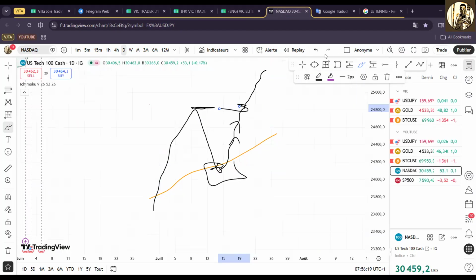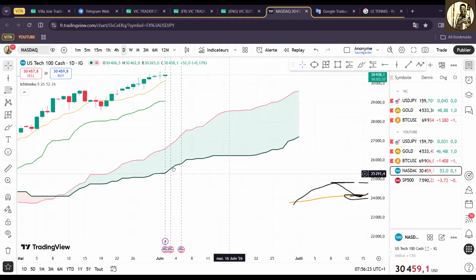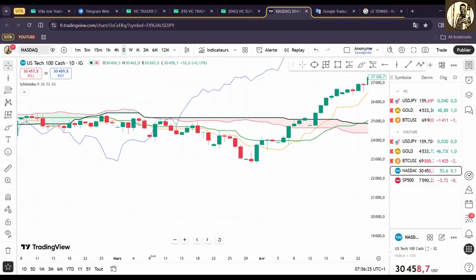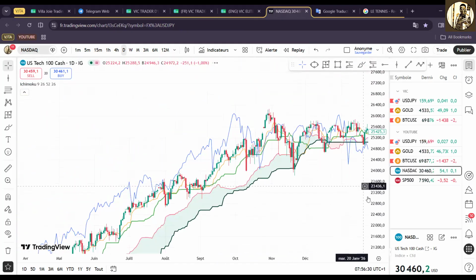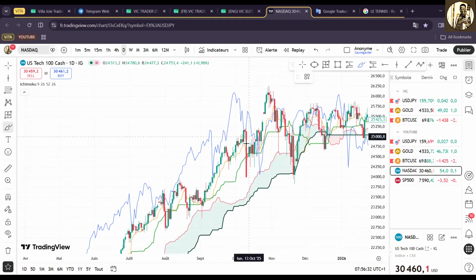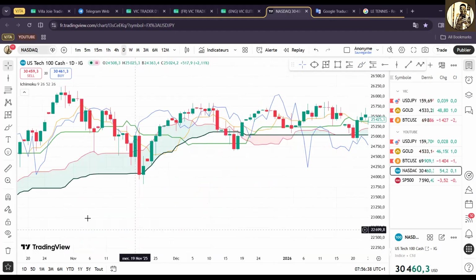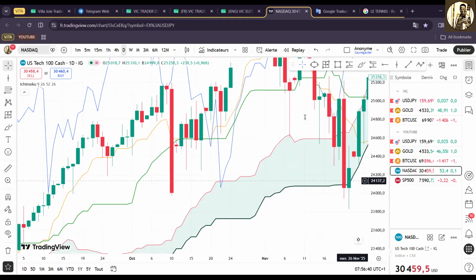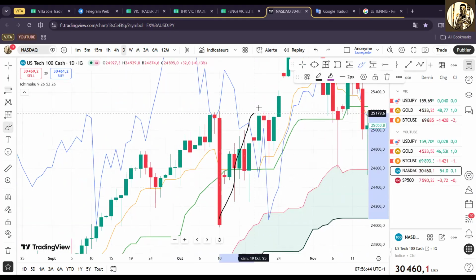What I'm trying to say there, right, is that we are on daily. The price moved to the upside, touched Tenkan.